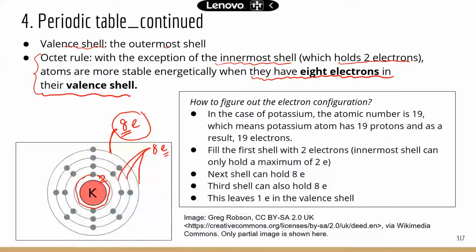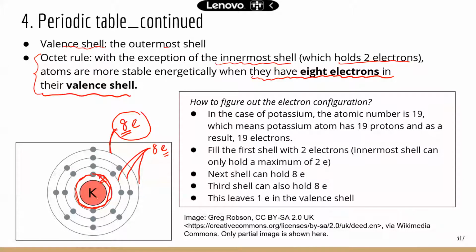But what if there's only 1 shell? The only shell now counts as the valence shell, right? So it can't hold up to 8. It can only get to 2 electrons at maximum. So how does the rule work?